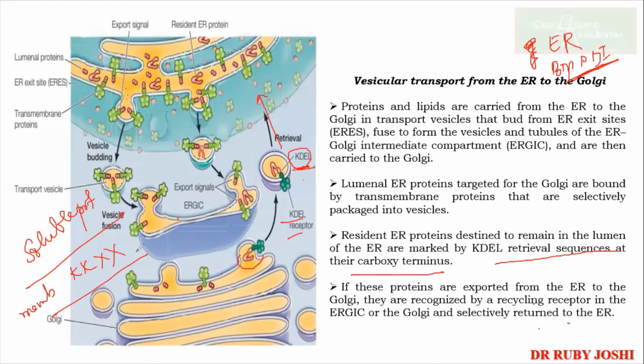So KDEL and KKXX, these are the sequences. It means those proteins are resident to the ER, so they should be present there. If by mistake they go to the Golgi, then with the help of the recycling receptor, they should be retrieved back to the ER. Did you get this point?